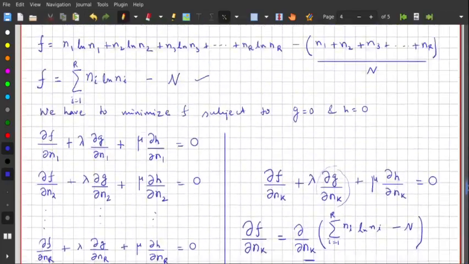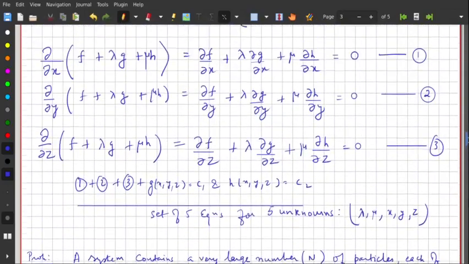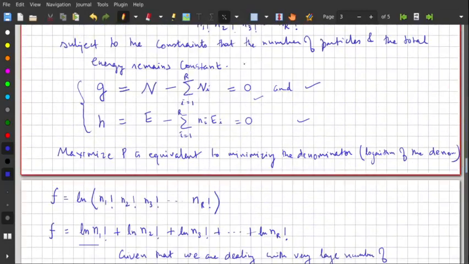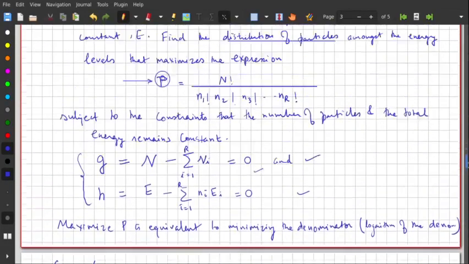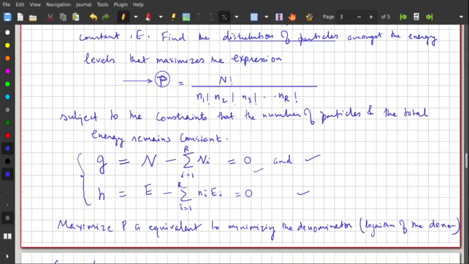And you see how we got it. This came from the natural idea of a function optimization problem subjected to constraints. Remember what we did: we wanted to maximize this term P subject to the constraint of a given number of particles and a given total energy.